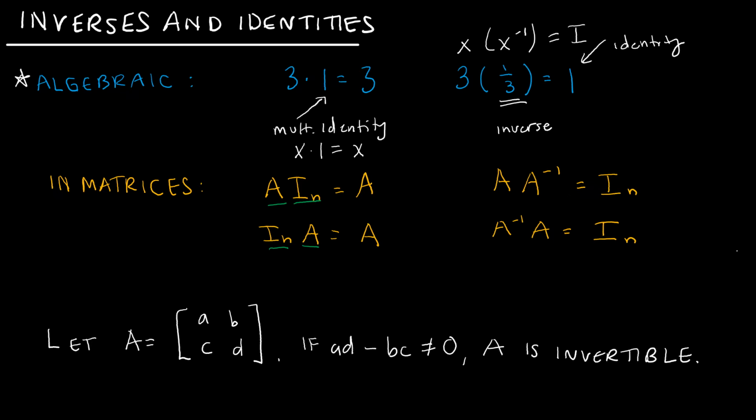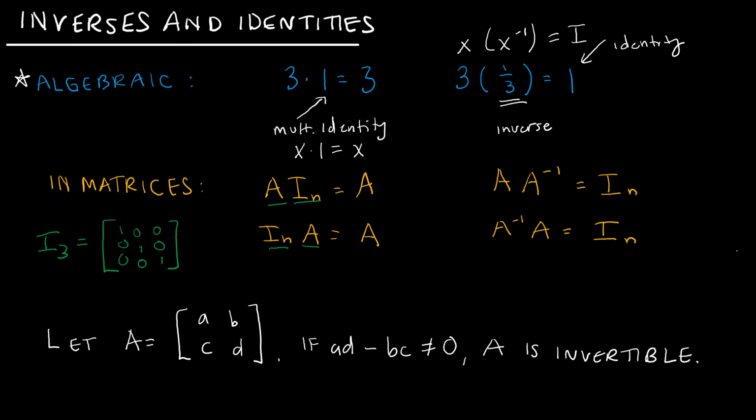As a refresher, the identity matrix is a square diagonal matrix with 1s in the diagonal. So 1, 0, 0, 0, 1, 0, 0, 0, 1 would be the identity matrix for 3, because there are 3 rows and 3 columns.